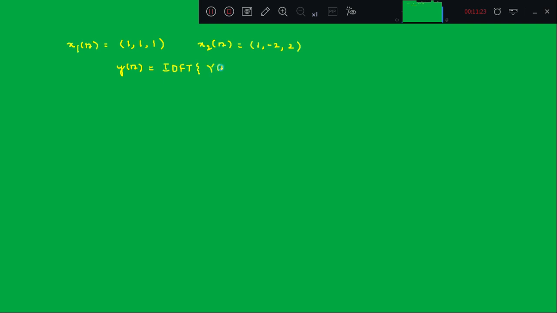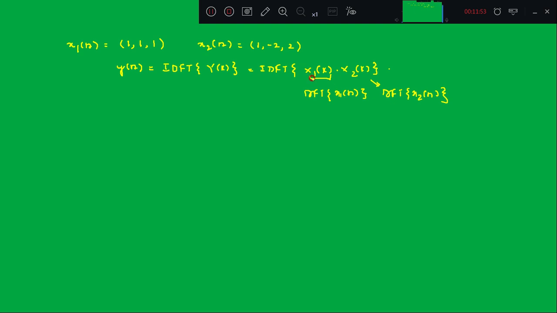y of k, and this y of k is nothing but x1 of k into x2 of k, right? And then this x1 of k is nothing but DFT of x1 of n, and this x2 of k is nothing but DFT of x2 of n.